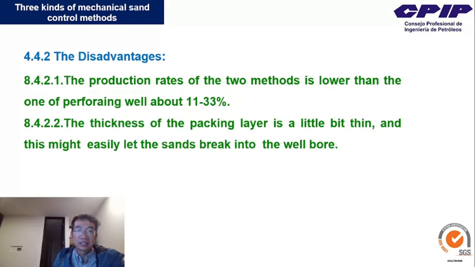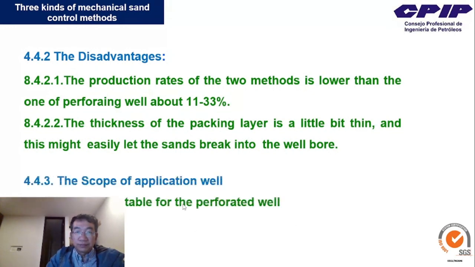And the second disadvantage is that the thickness of the packing layer is a little bit thin, and this might easily let the sand break into the wellbore. And the scope of application: the method is suitable for the perforated well.